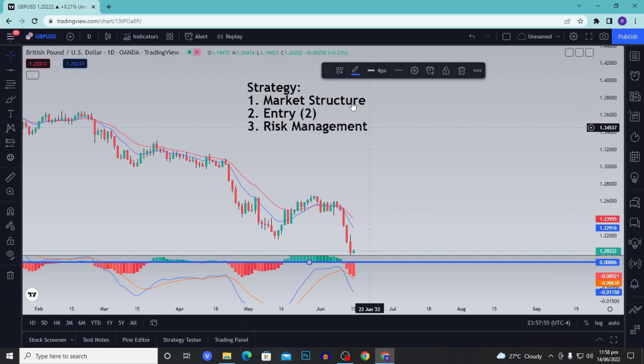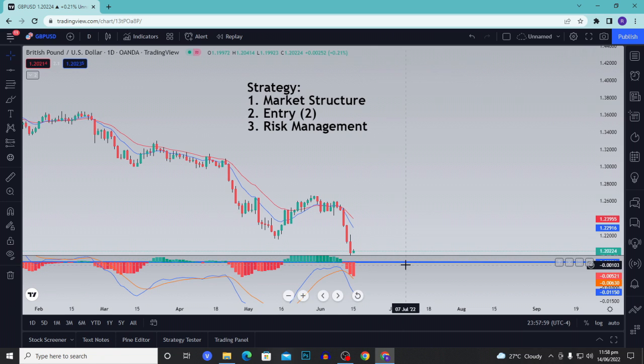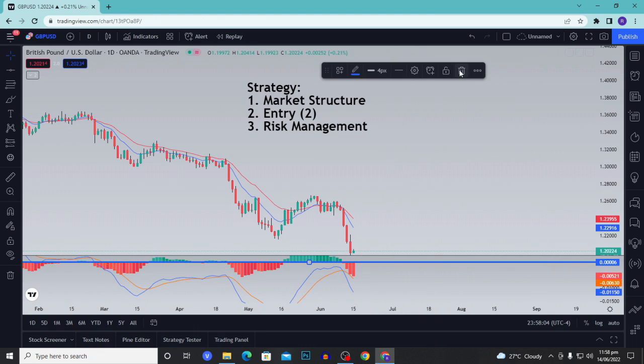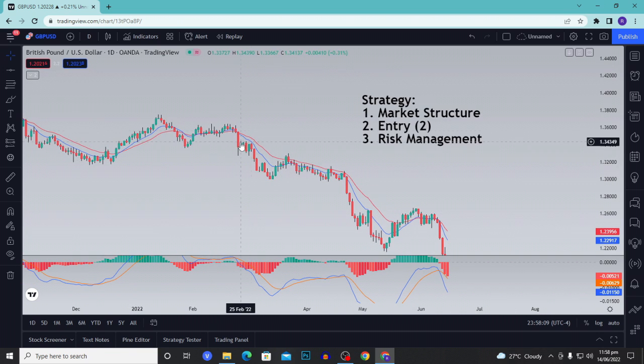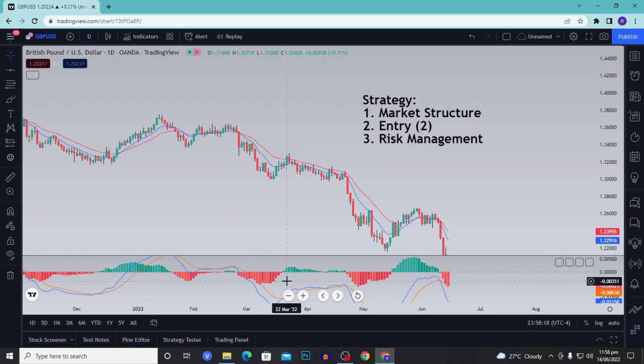Okay, I'll make it thicker. This is the 0 point. So I look for both the EMA cross and the MACD line to drop below the 0 point on the MACD chart.